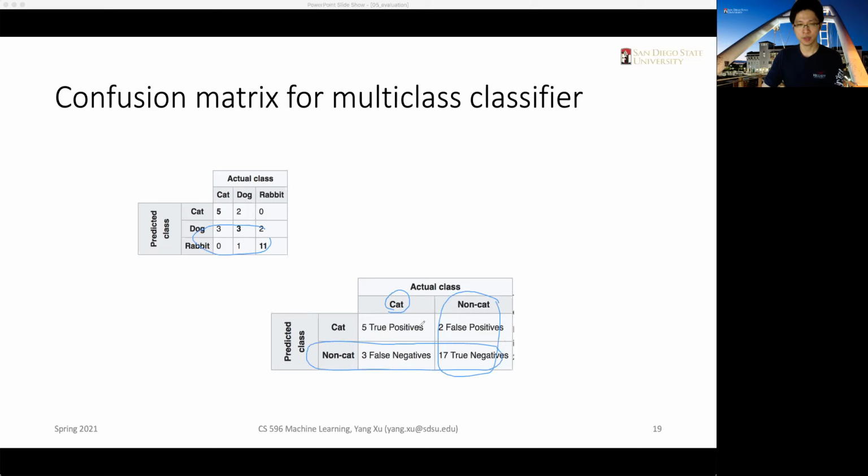Okay, so in this way, we have only a cat versus non-cat model, right? So we can use the series of metrics defined previously to report the performance on this particular cat category. Okay, and we can do that for the dog and the rabbit as well.